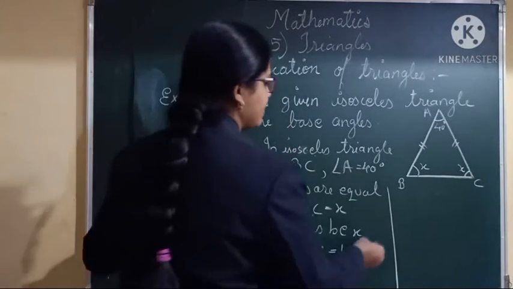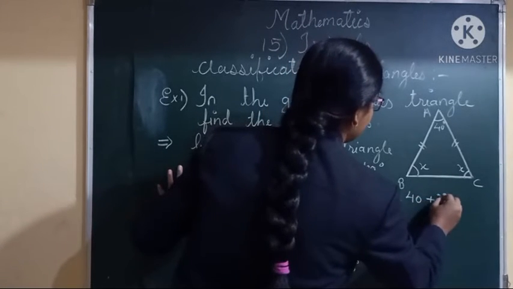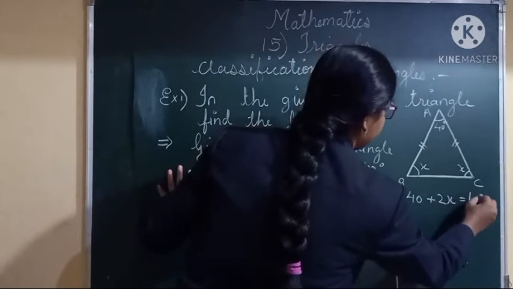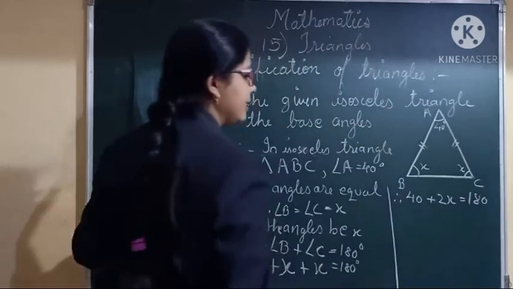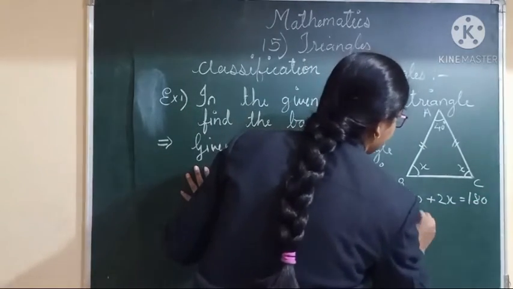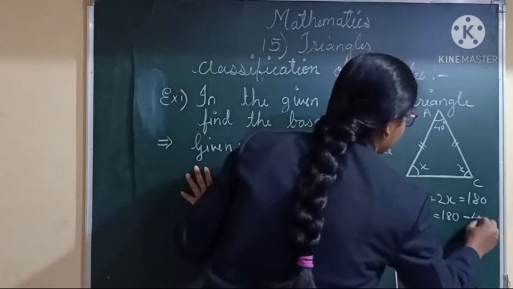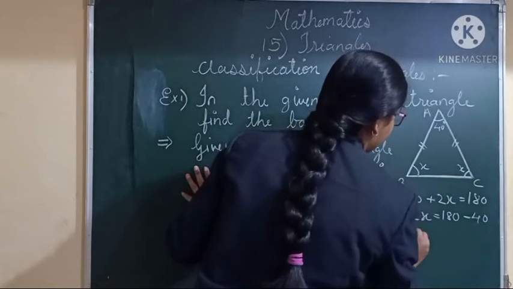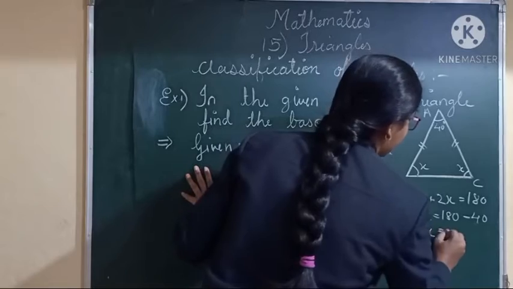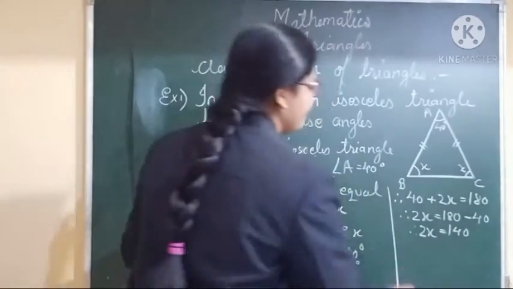Now x plus x is 2x. Therefore 40 plus 2x equals 180. Then this 40 goes to the other side and gets subtracted. So 2x equals 180 minus 40, therefore 2x equals 140.